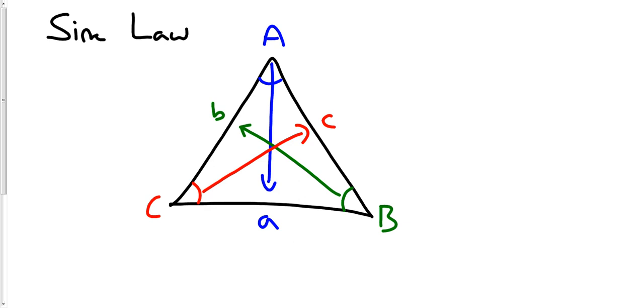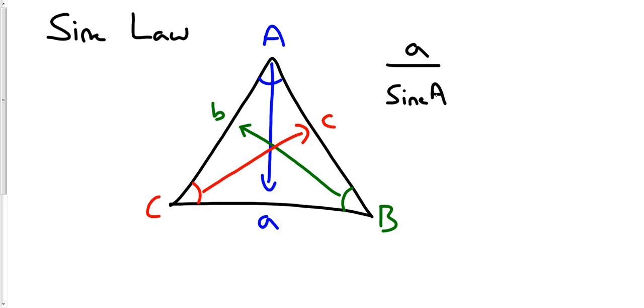In order to be able to use the sine law, you must have what we call a side angle pairing. So remember, our sine law is a over sine A, and you'll notice I'm using capital letters and lowercase letters.